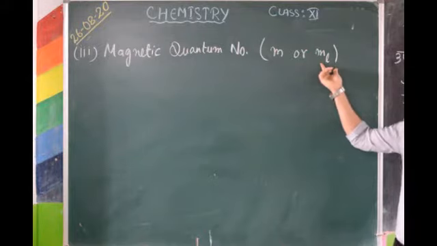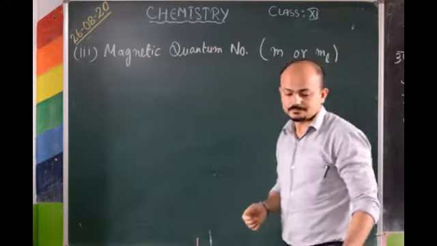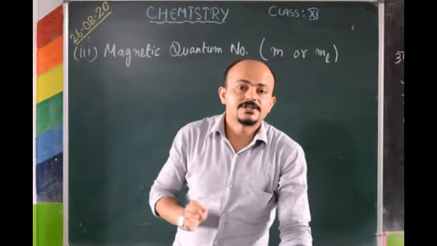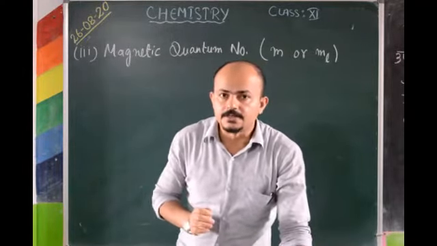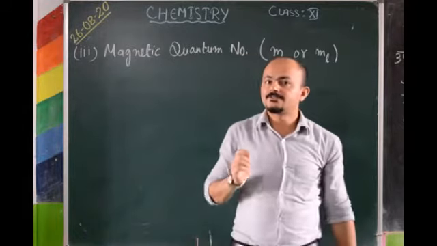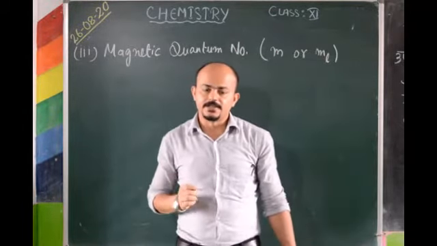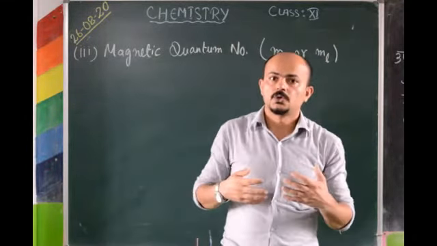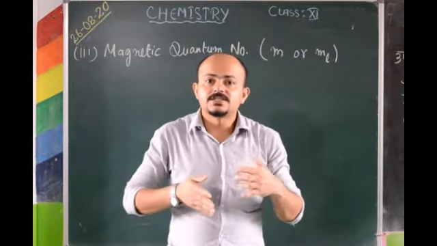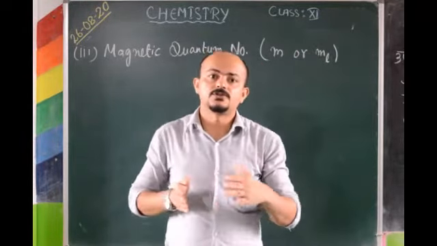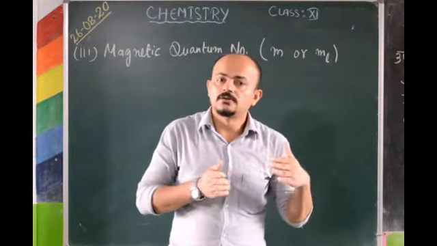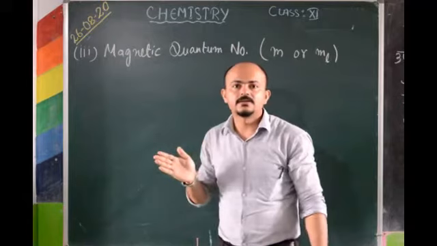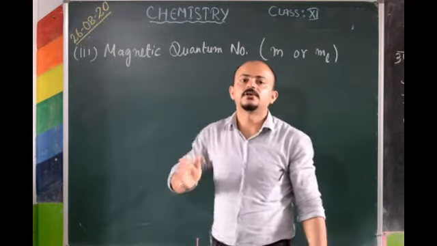Now here, what you have to know is, under the influence of an external magnetic field, please listen carefully, these electrons will not be oriented in just one same direction. They might be oriented along the lines of this magnetic field, that is parallel, or it could be in any other orientation.